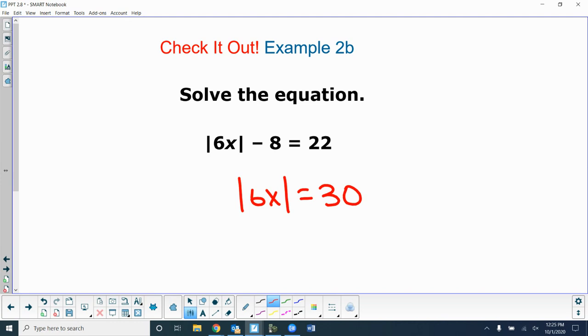After you write them both, you solve them both. So it'd be 5 and negative 5 when we finish, right? Any other questions? All right, all good questions.